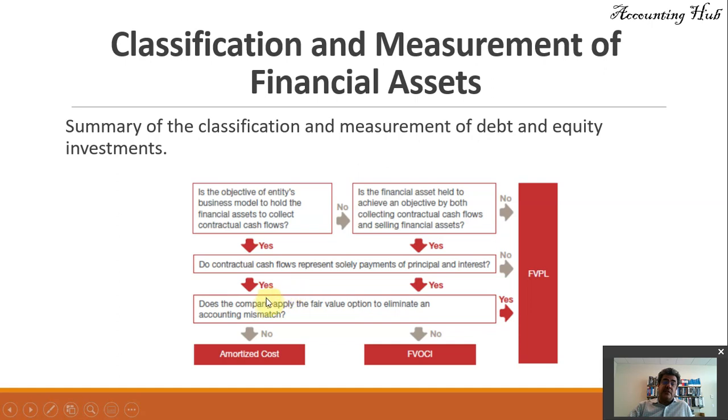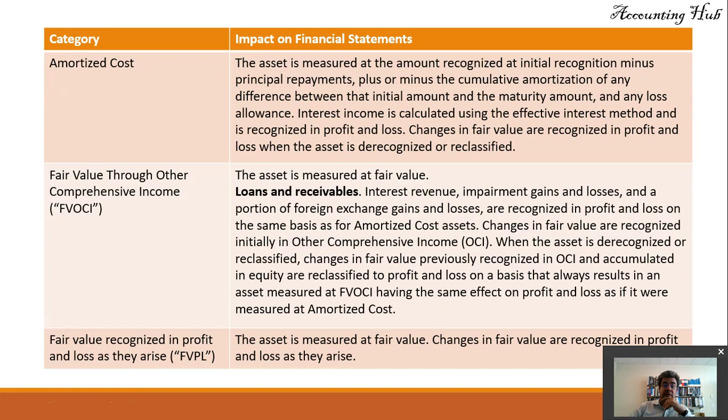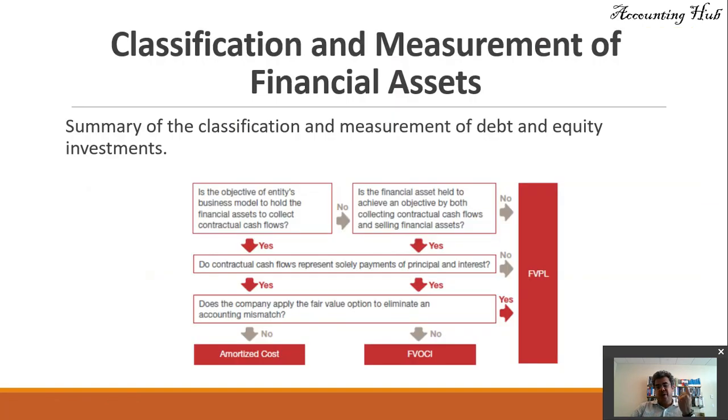If yes, does the company apply the fair value option to eliminate an accounting mismatch? What is this? I recognize everything based on fair value in profit and loss. There is only one that I don't.